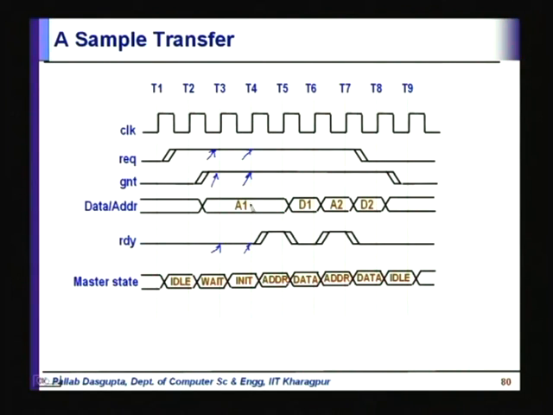So, we must still hold the address, right. Now, look what happens here, request is high, grant is high, but ready is also high, right. So, now that ready is high, we can take the address out. Clear? In the next cycle, you see address has been taken away, right.